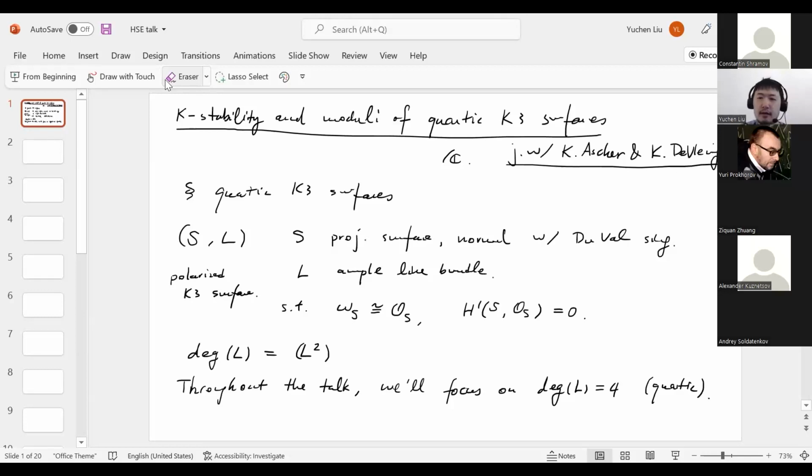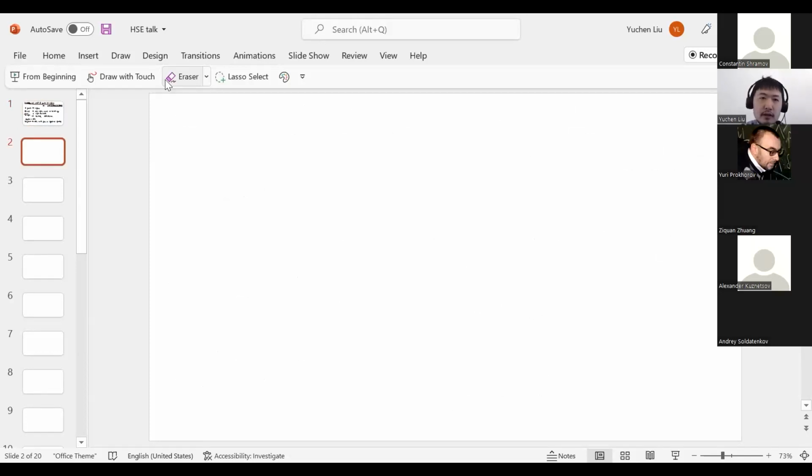And then for quartic K3, there's a nice classical classification of quartic K3s. So there are basically 3 types.